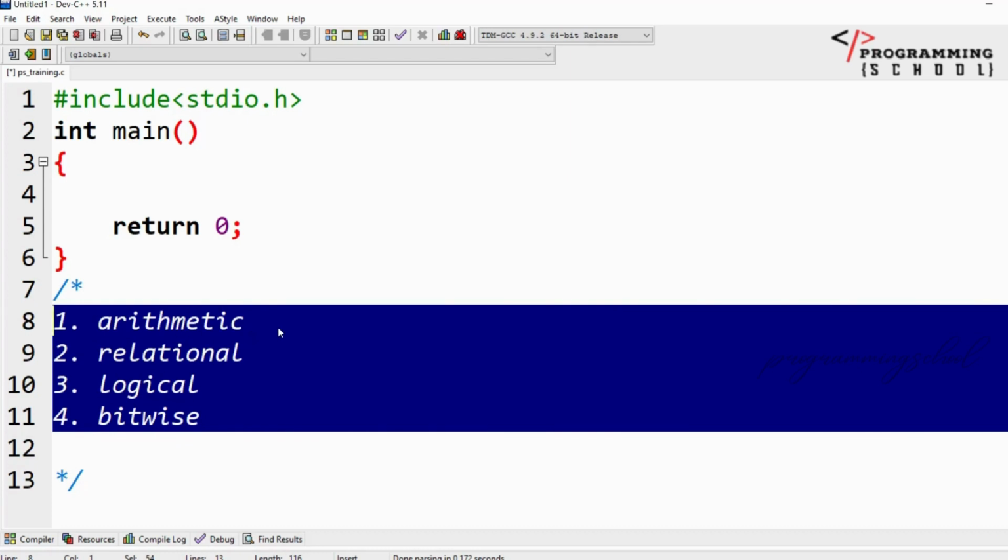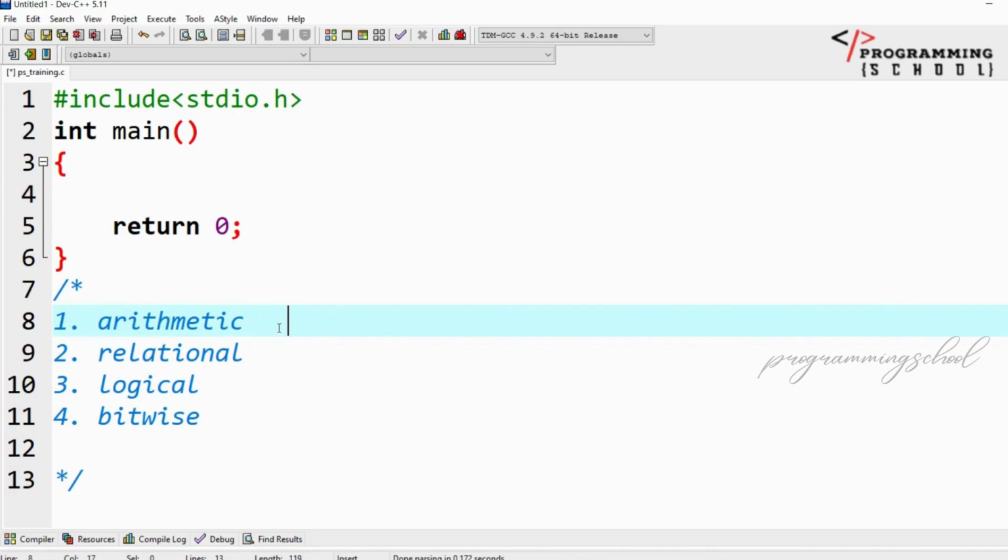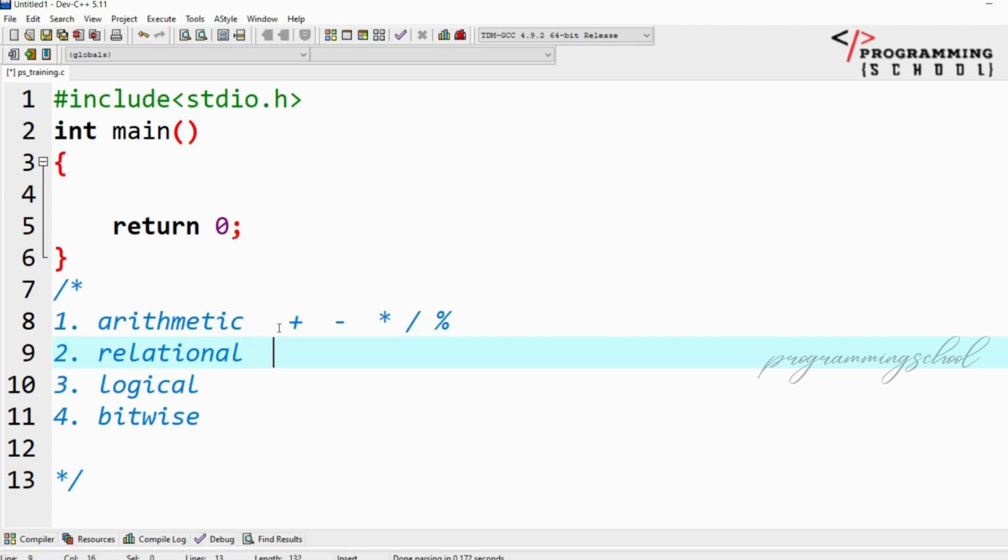What are the arithmetic operators available here? They are addition, subtraction, multiplication, division, and modulo division. Going to the relational operators, they are greater than, less than, greater than or equal to, less than or equal to, and not equal to.